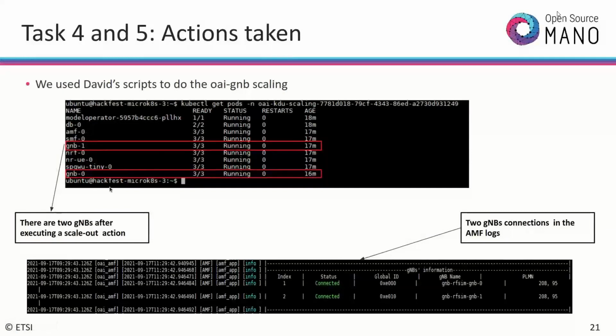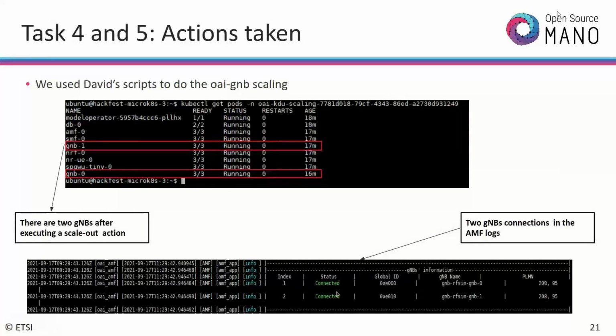Now, the thing is that the scaling here, although we use the same descriptor that we used before, is limited by the bundle.yaml file, where you define one parameter, which is scale, and here it was 2. So we need to take care of this parameter in bundle.yaml, as well as the maximum number of instances in the VNFD descriptor.